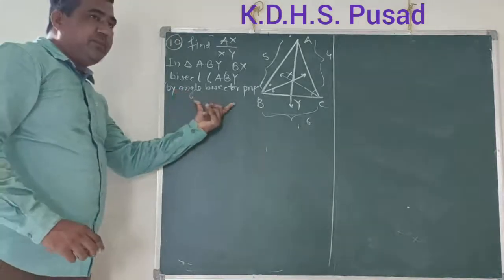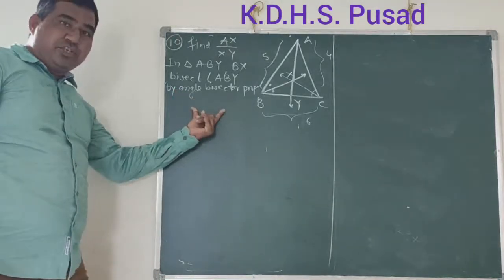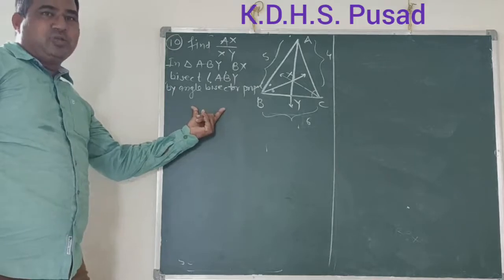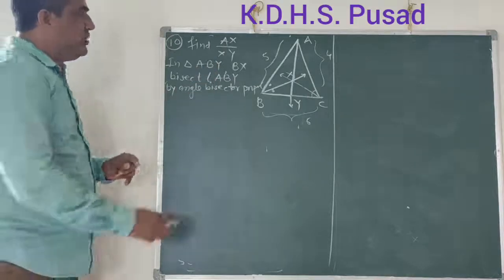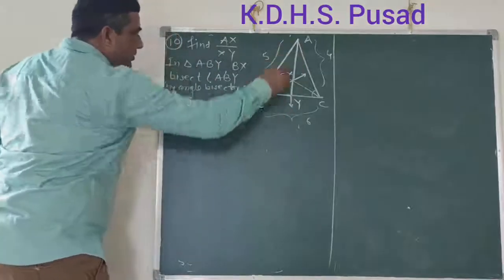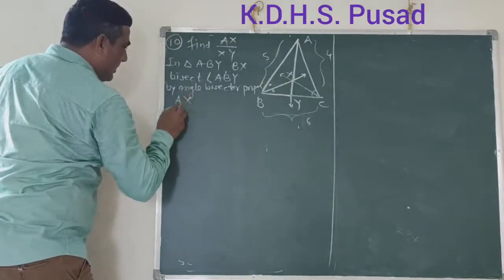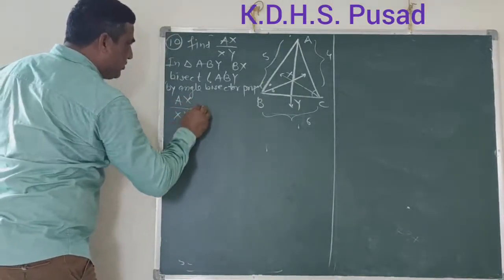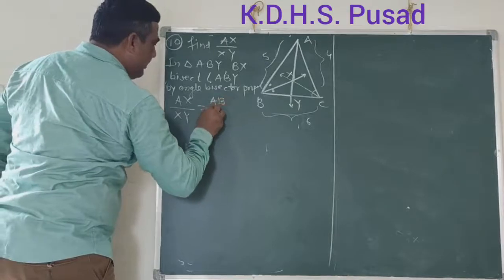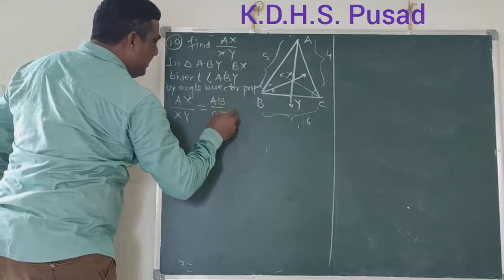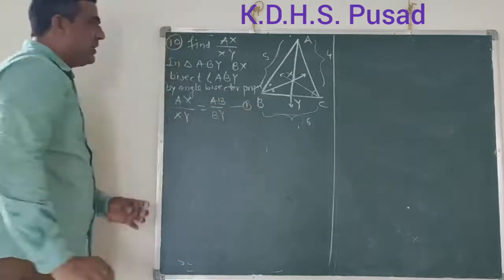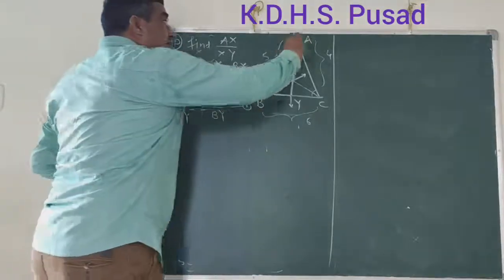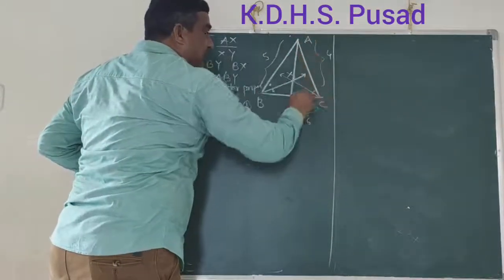What is the angle bisector property? Side opposite to the angle is in ratio with the remaining sides of the triangle. So that is the angle, so the opposite side, this one. So this ratio AX by XY is equal to AB by BY. Equation 1.